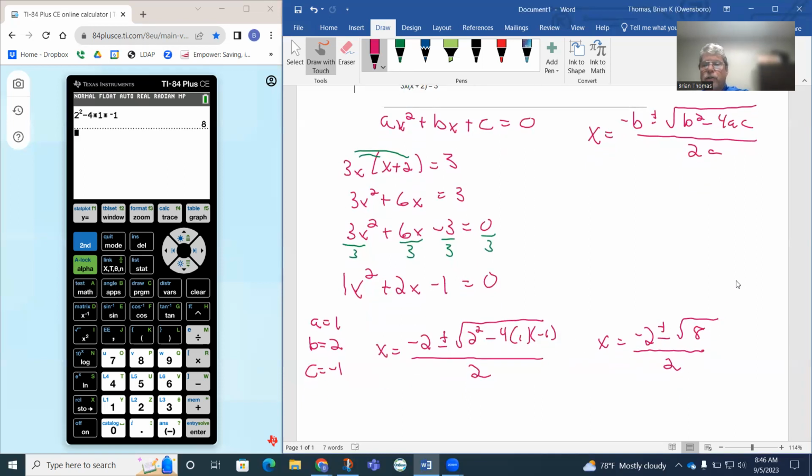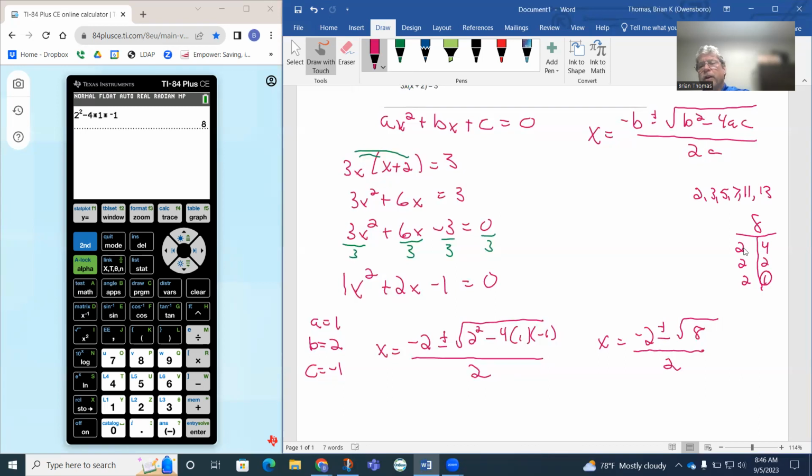So we have to simplify the square root of 8. I'm using the prime factorization of 8. What I'm looking for is a perfect square, so I need a pair of factors. 2 goes into 8 four times, 2 goes into 4 twice, and 2 goes into 2 one time.